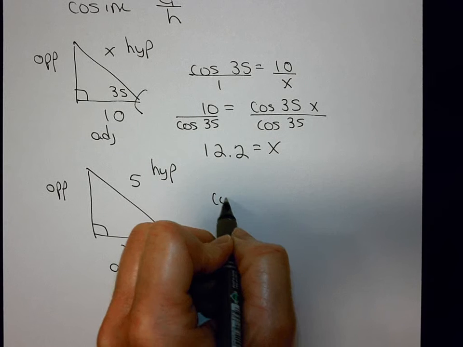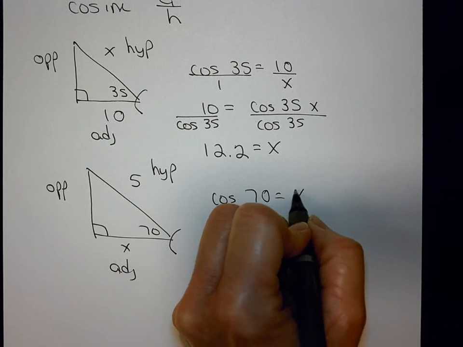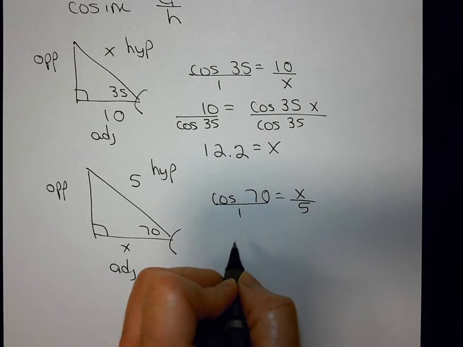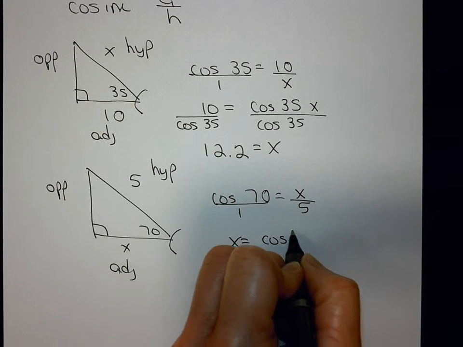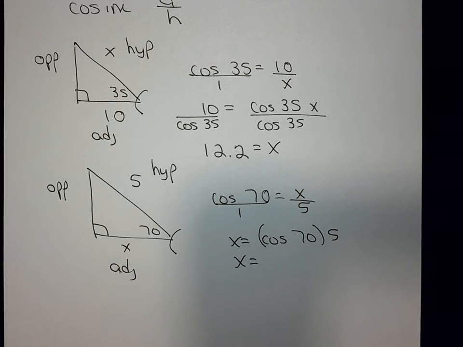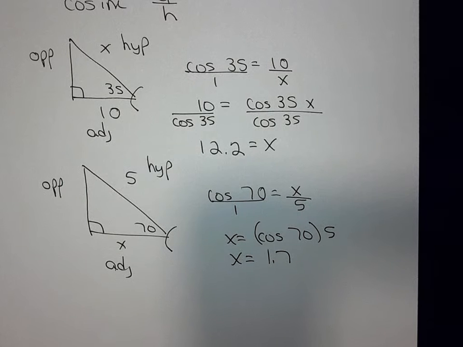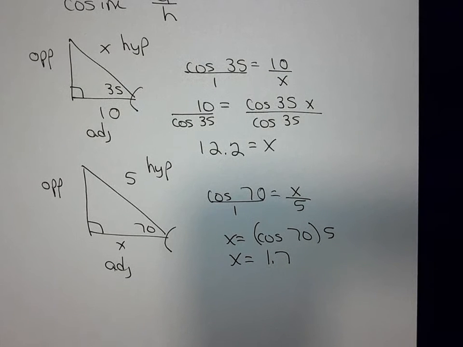So we're going to say cosine of 70 is going to be adjacent over hypotenuse. We cross multiply cosine of 70 times 5. So our x is going to be 1.7. Okay, so questions there. I'll do one more.